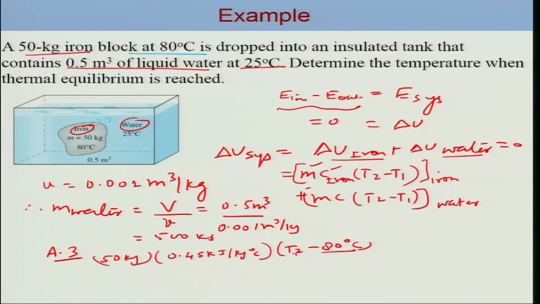What is the final temperature? Let's say that is T2. Plus 500 into 4.18 kilojoules per kg Kelvin, the specific heat for water, times T2 minus 25 degrees Celsius, and this should be 0. If you solve this, T2 turns out to be 25.6 degrees Celsius. That's how we're going to solve such a problem, making use of the specific heat.